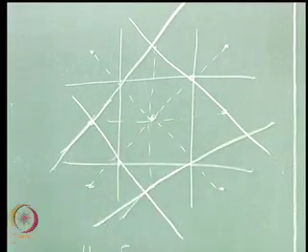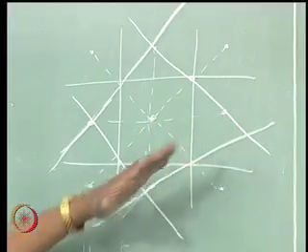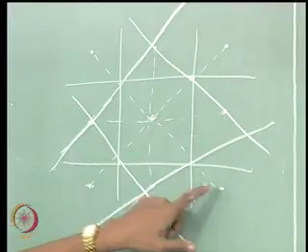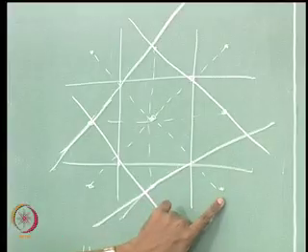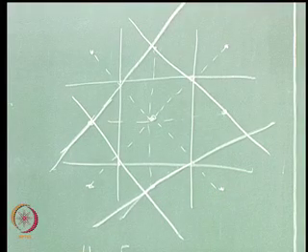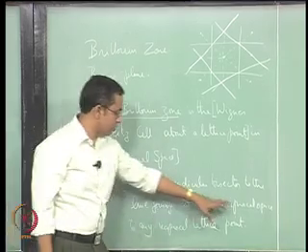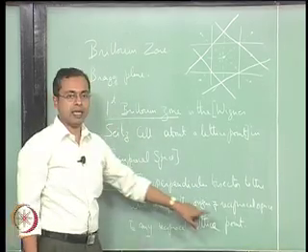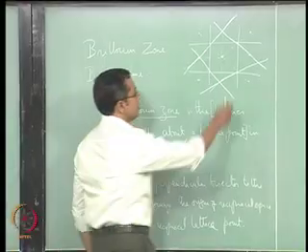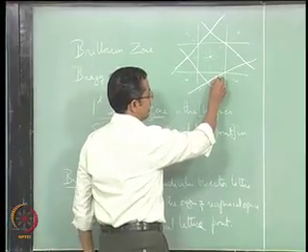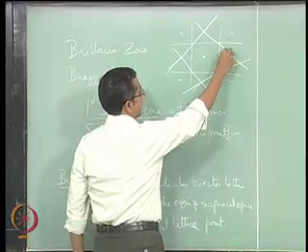Now we have said that if you do this in reciprocal space, this line, which is the perpendicular bisector of the line joining the origin to this lattice point, is called a Bragg plane. That is all it is: the perpendicular bisector to the line joining the origin of reciprocal space to any reciprocal lattice point. So this solid line here is a Bragg plane, this solid line here is a Bragg plane.